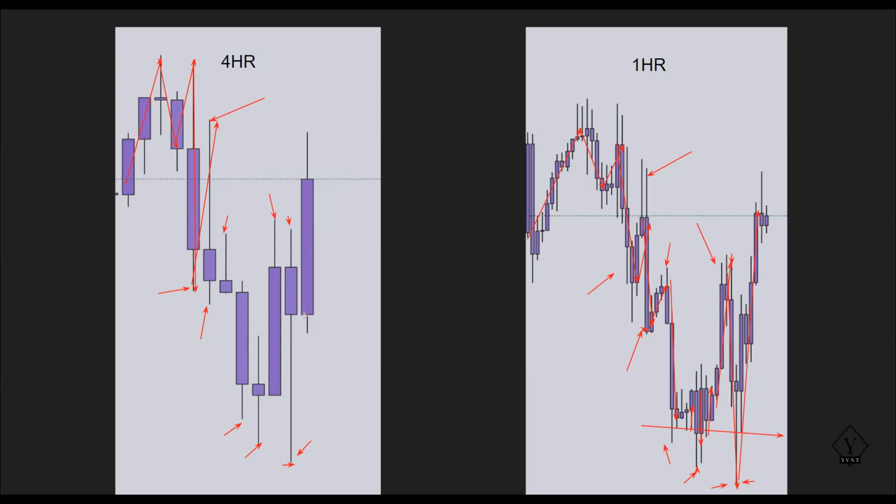And then we push back up. So here it went like this.